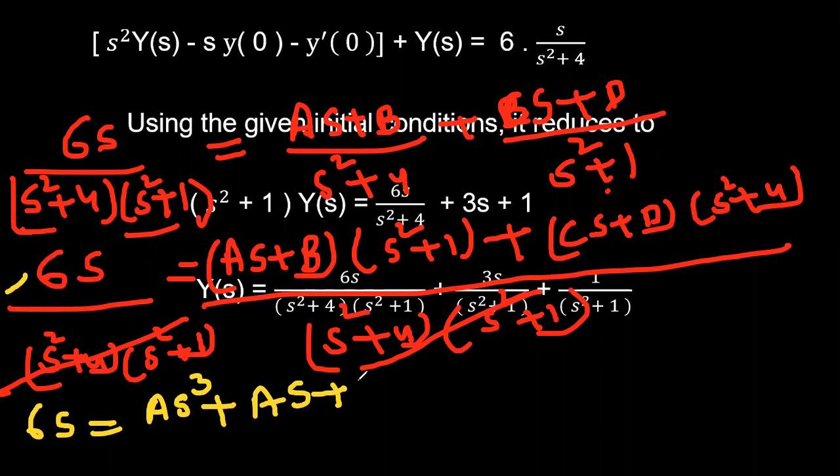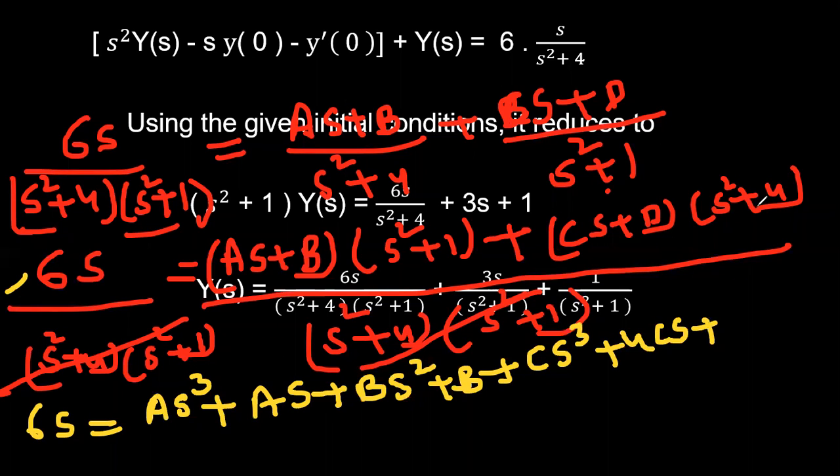After that, B into s squared, B is multiplied with respect to this whole term, it is Bs squared plus B, plus Cs into s squared, that is Cs cubed, plus Cs into 4, that is 4Cs, plus D into s squared, that is Ds squared, plus D into 4, it is nothing but 4D.